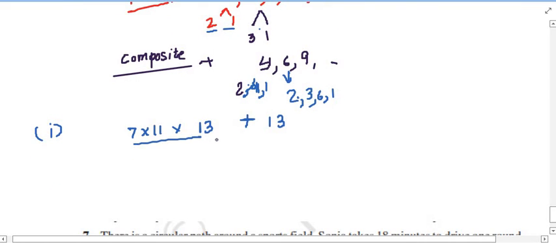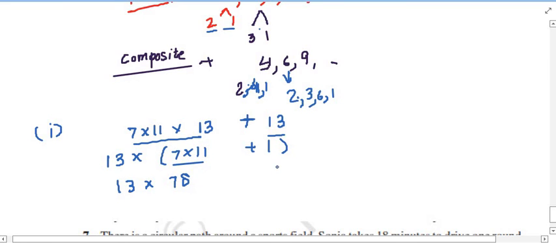So it has two parts, and both of them have 13 as a common factor. By using the distributive property, we can take out 13 as a common factor. So it will be left with 7 times 11 plus 1. If we simplify this, 7 times 11 is 77 and 77 plus 1 is 78. So we can write the given number as a product of two numbers. So it means it is a composite number.